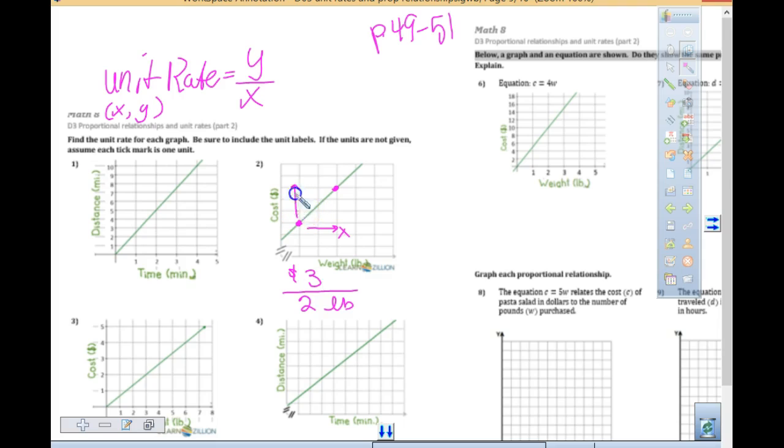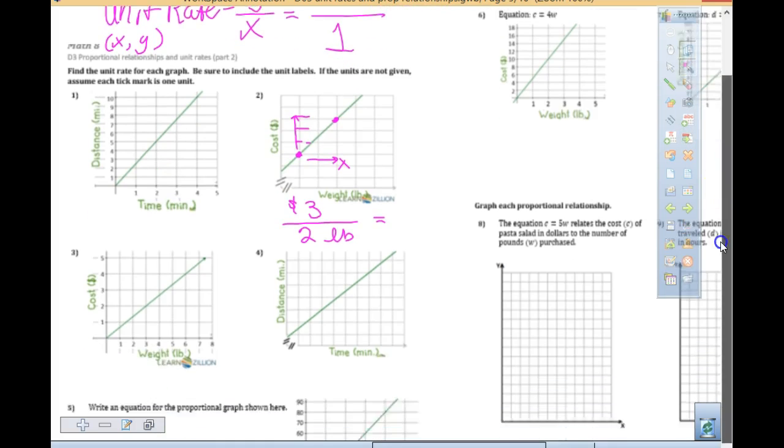Because each of these is 1. So you went up $3 as you increase buying 2 more pounds. This isn't a unit rate. Unit rate has to always be per 1, right? So this is telling me how much for 2 pounds. I want to know how much for 1 pound. Is it hard to do using our calculator? Take $3 and divide it by 2. That's how you're getting that answer for 3 and then like in 4. Okay?